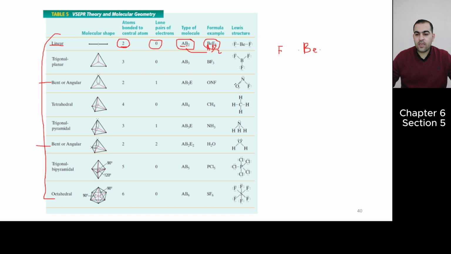Fluorines surround the least electronegative, which is the central atom, and they have how many lone pairs? They have 3 lone pairs, but they have 7 valence electrons. When an atom has 7 valence electrons, it only needs 1 electron, and they're going to share their valence electrons. It needs 1 electron to be 8. So it's going to be linear.